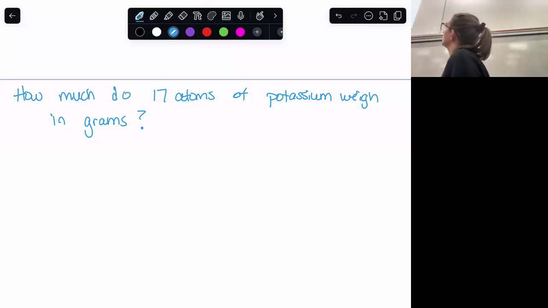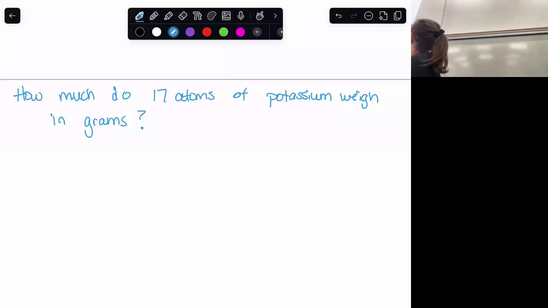This one: how much do 17 atoms of potassium weigh in grams? So I'm giving you 17 atoms, and I want you to get to grams. Do you want to try this one or work on this one together?